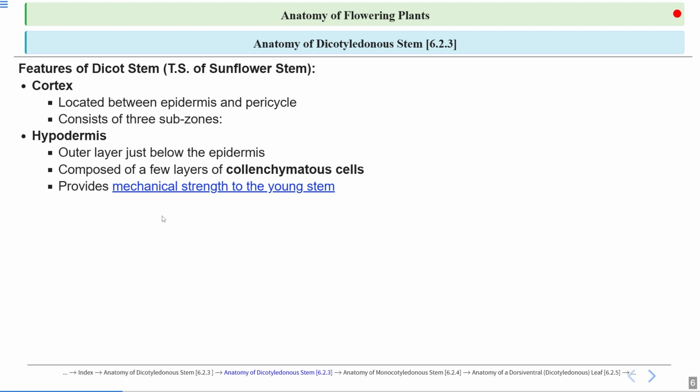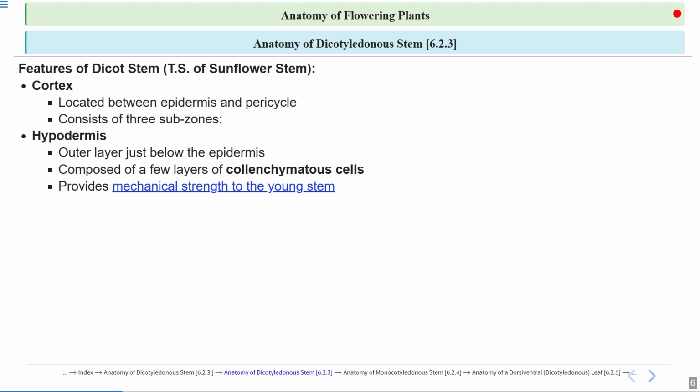When the stem is young, it is herbaceous and green in color, but it still requires some mechanical strength. So this hypodermis, made up of collenchymatous cells, provides mechanical strength to the young stem.